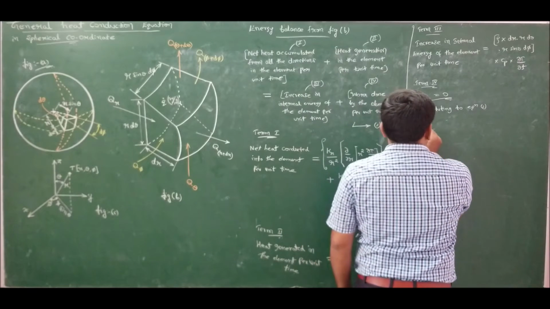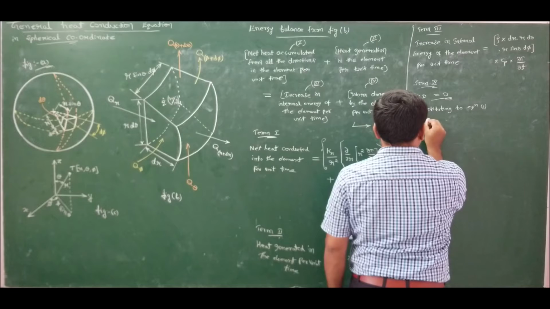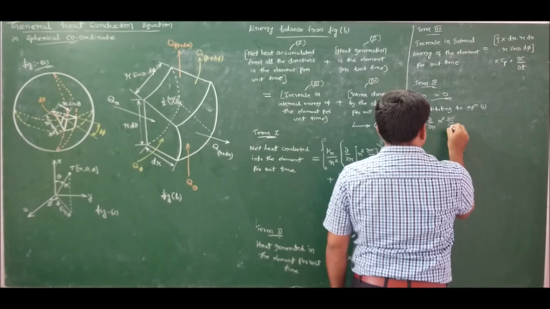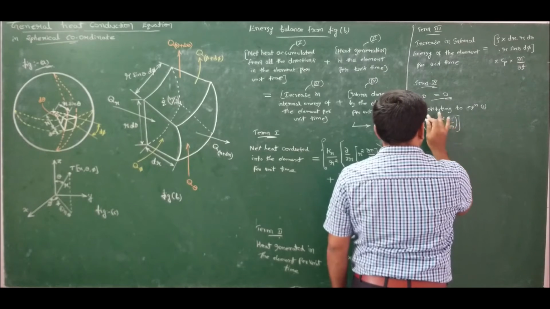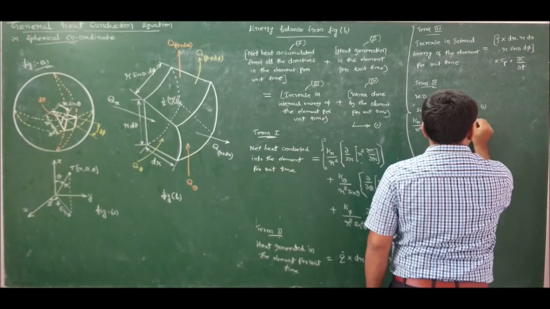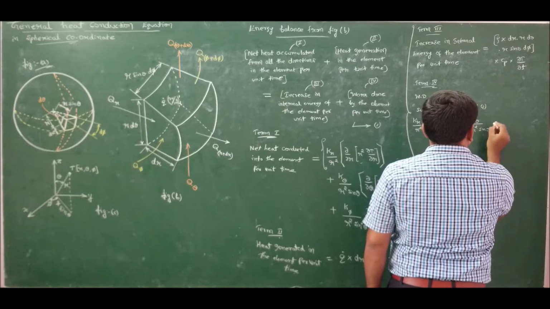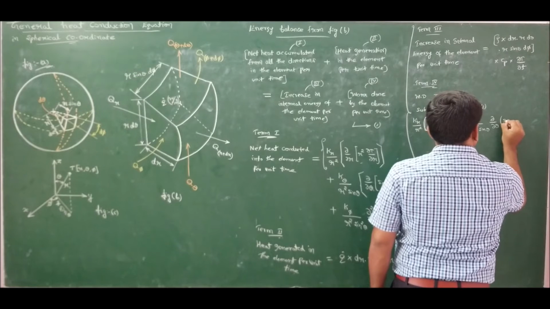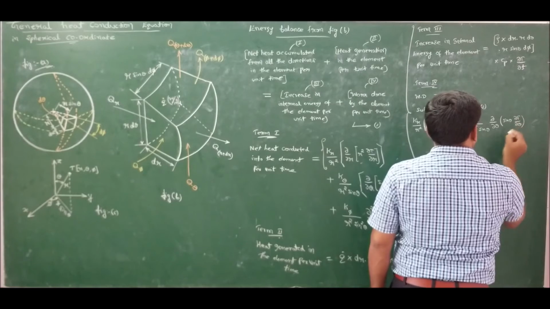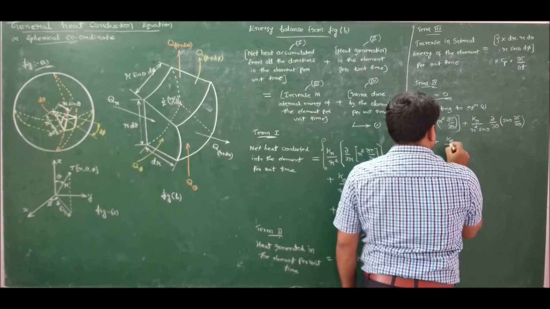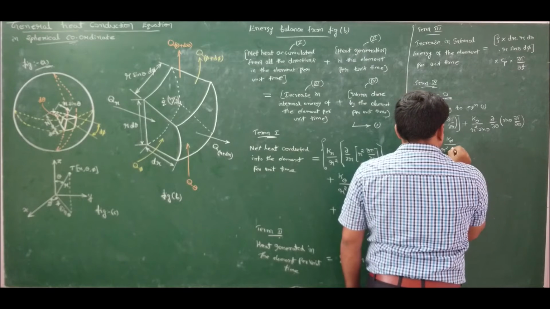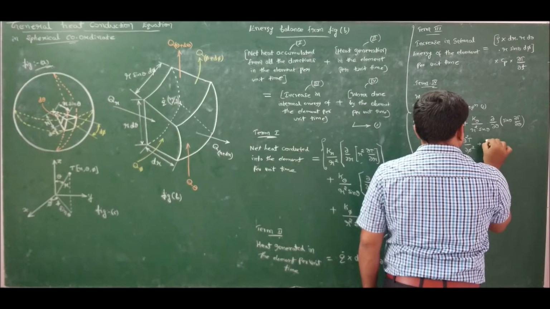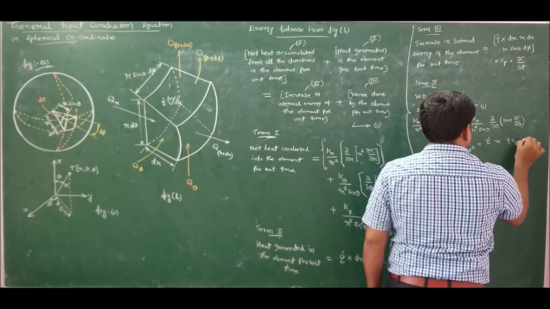If I do so, I am left with Kr by r² ∂/∂r of (r² ∂T/∂r) as one term, plus Kθ by r² sinθ ∂/∂θ of (sinθ ∂T/∂θ), plus Kφ by r² sin²θ ∂²T/∂φ², plus q dot is equal to ρCp ∂T/∂t.